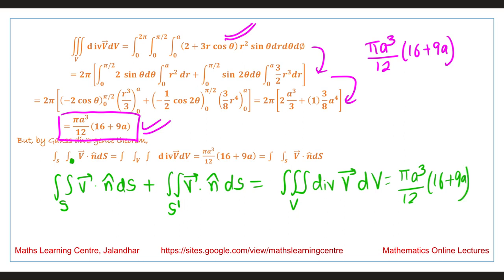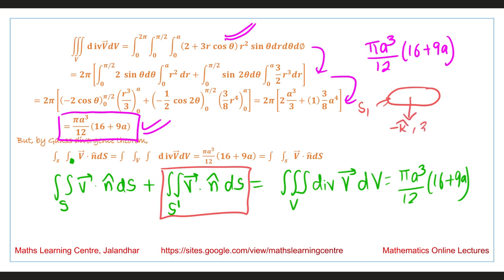Now if we evaluate this term, the surface S1 is the circle. The normal vector to it will be minus k cap, and we have over here z is equal to 0. This is the value of n cap. So the value of v vector dot n cap is equal to minus z square, and since z is equal to 0, this value is equal to 0.